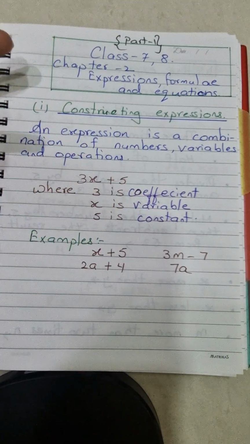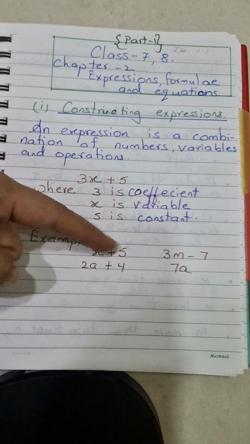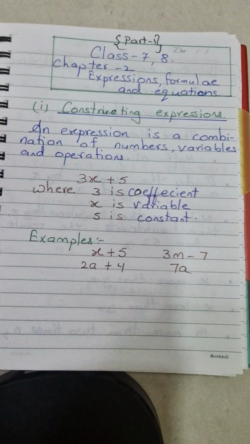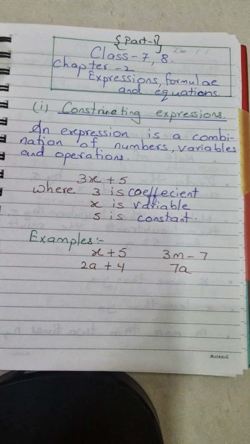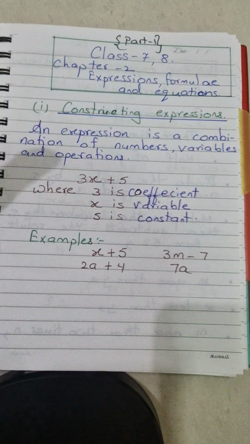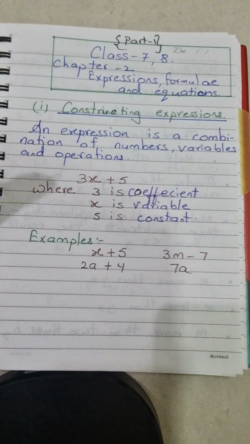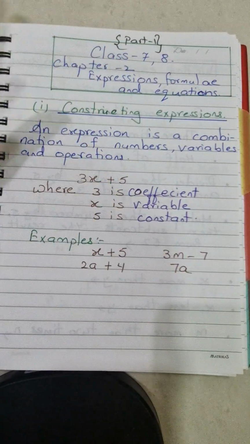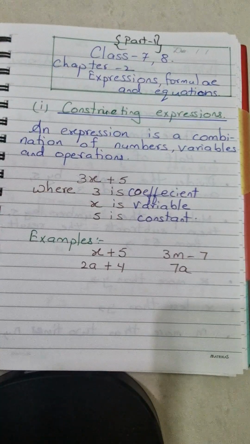Other examples: x plus 5, 2a plus 4, 3m minus 7, 7a. All the numbers which are standing with the variable are called coefficients. All the letters are called variables, and the numbers standing alone without any variable are constants.